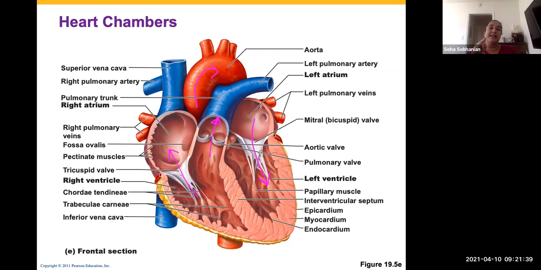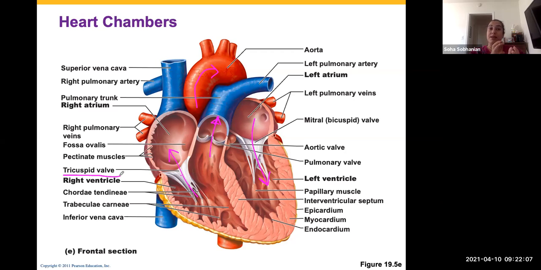They also have secondary names, which come from how many flaps these valves are made up of. Flaps are basically little things that form the whole valve, literally flaps. The one on the right-hand side has 3 flaps, so we call that the tricuspid valve.